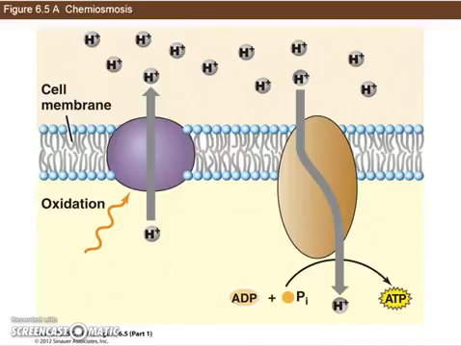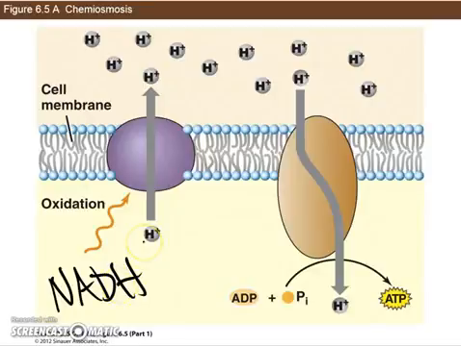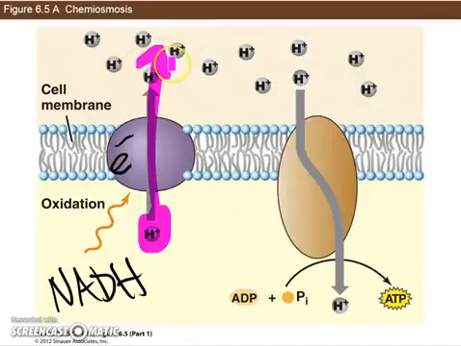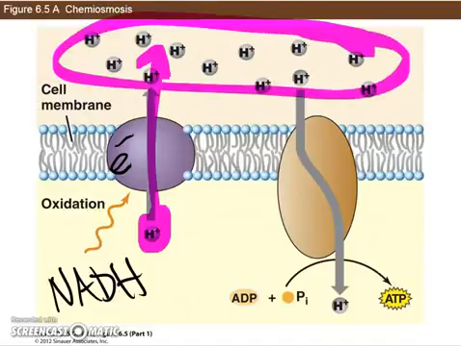Here's a larger picture of that. Oxidation of NADH, and there's another thing called FADH₂, but it's the same idea. The electrons give the energy to let the hydrogen ions diffuse through. We've established a proton gradient just like any other concentration gradient. We have a high concentration of protons.